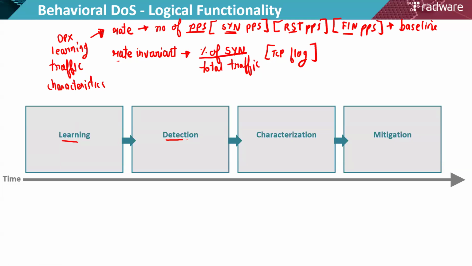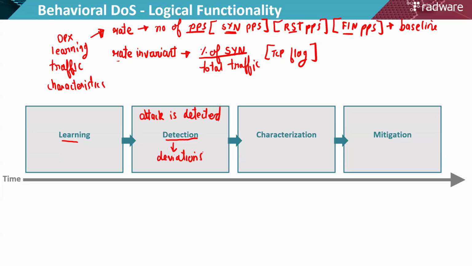Next is the detection phase. During the detection phase, DPX is primarily trying to understand whether an attack has started or not. So we are checking whether the attack is detected or not, whether the attack has started or whether the attack has been detected. How does DPX detect that there is an attack?